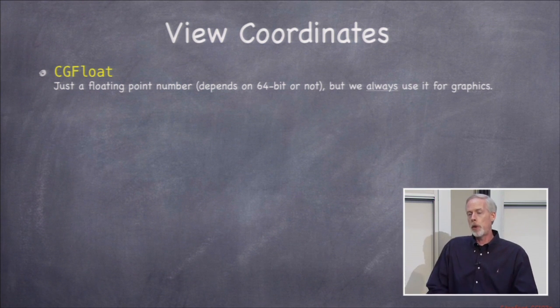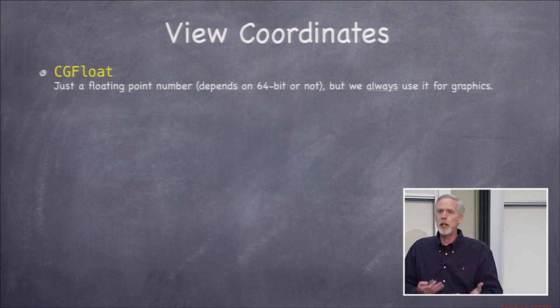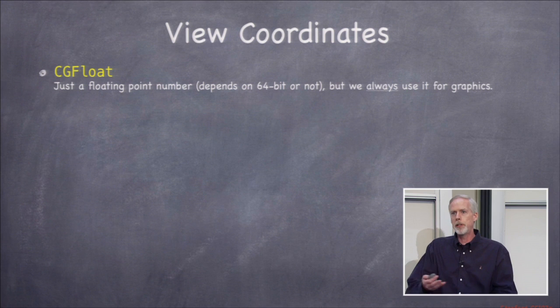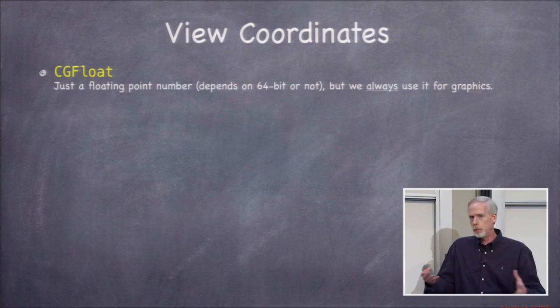Not only using CGFloat to specify positions on screen and all the things, but if you're going to be multiplying or adding numbers to things that are on screen to recalculate new things, you want to do all of that in the CGFloat domain.